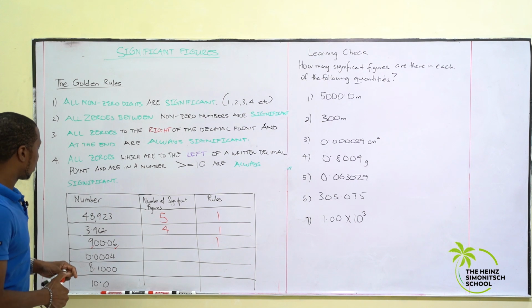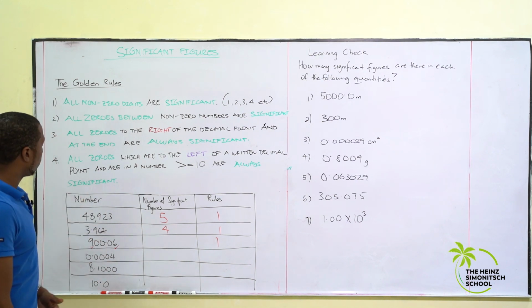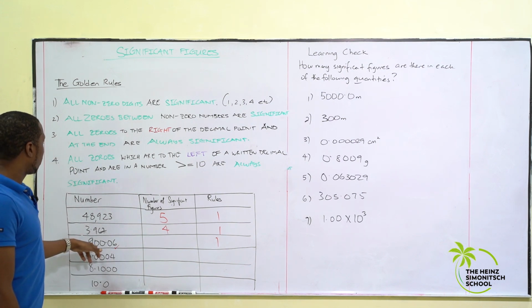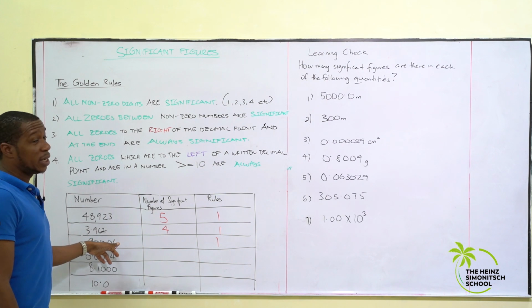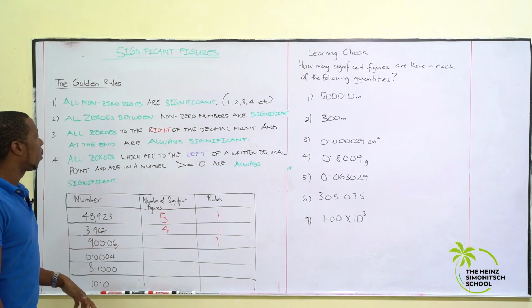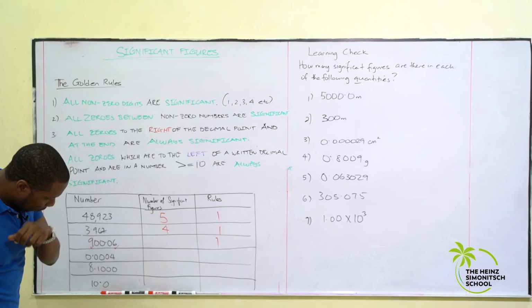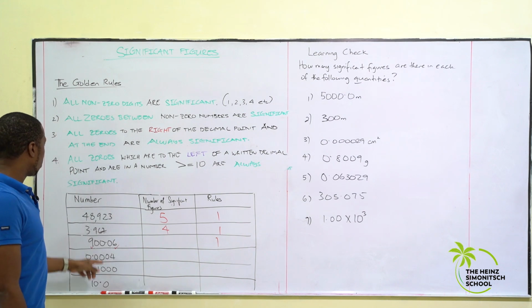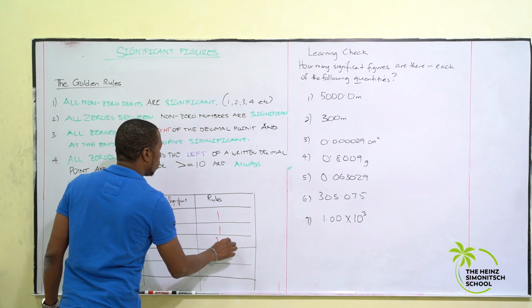Now we're going to consider if these zeros are significant based on the rules. What does it say about zeros? We have leading zeros as we call them, and we have one trailing zero here in a decimal. The rule says that all zeros between non-zero numbers are significant. So we expect that these zeros will be significant. That will apply to rule 2.